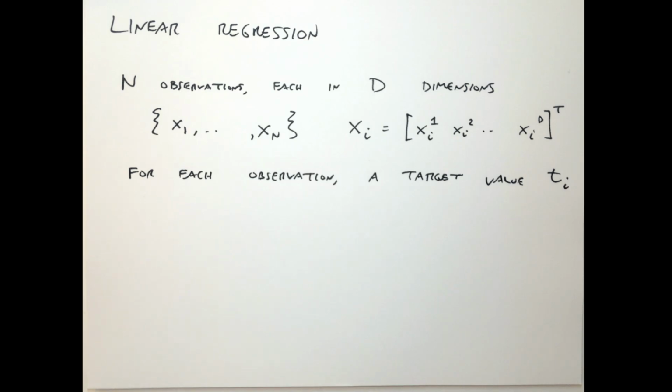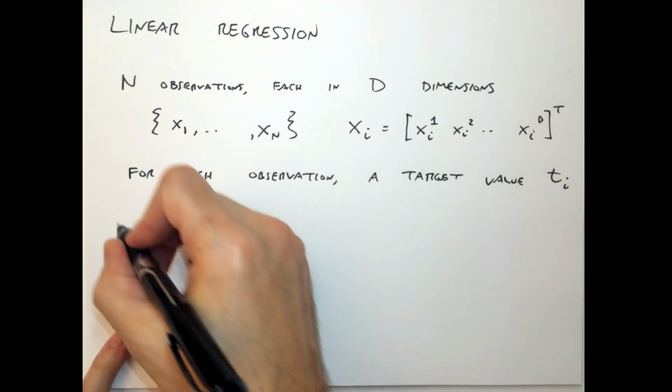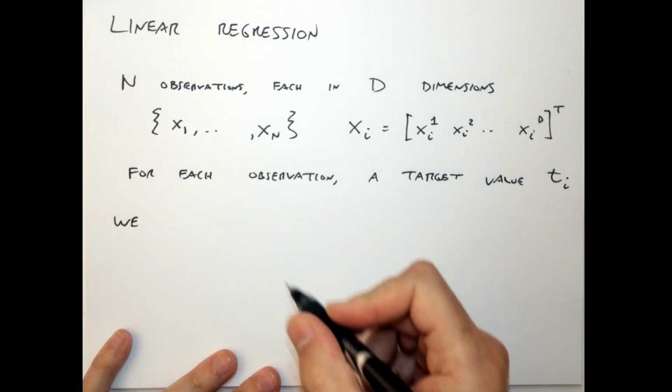Remember, regression is what you're doing when you're predicting a real-valued number, and classification is what you're doing if you're predicting a label, right? So for today, we're sticking with predicting a number, okay? And so what we want to do is build a model that predicts t from the x's according to some sort of function of the x's, right? And so this function is going to be given by what we call y.